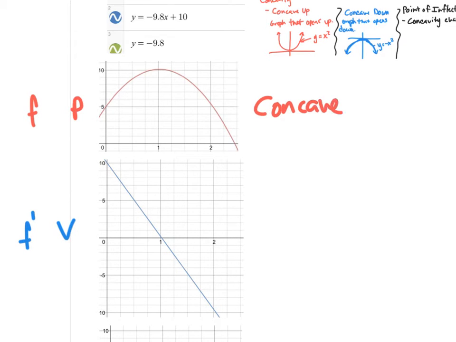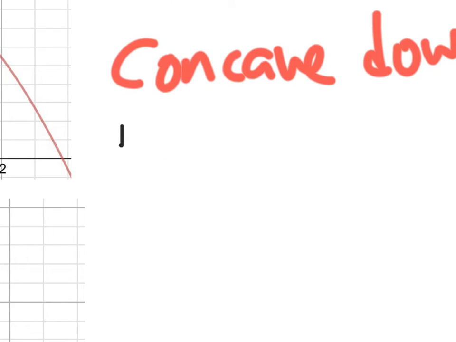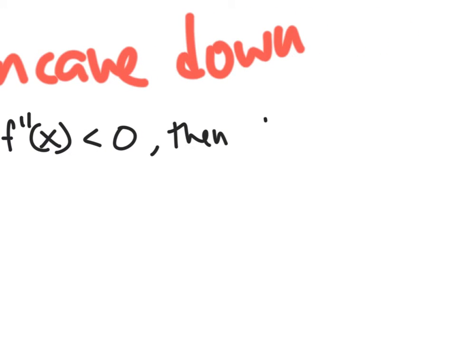The conclusion we can draw is that if f double prime of x is less than 0, then we know that f of x is concave down. I'm going to use that notation here: this means concave down.